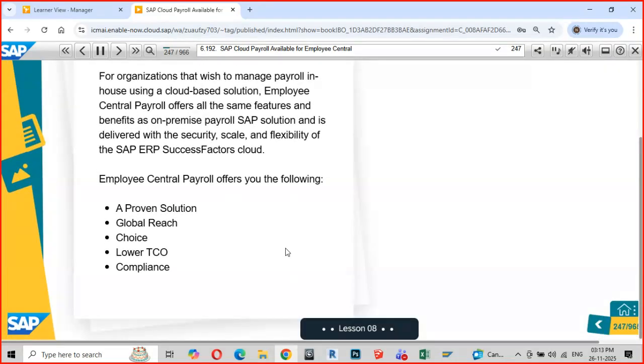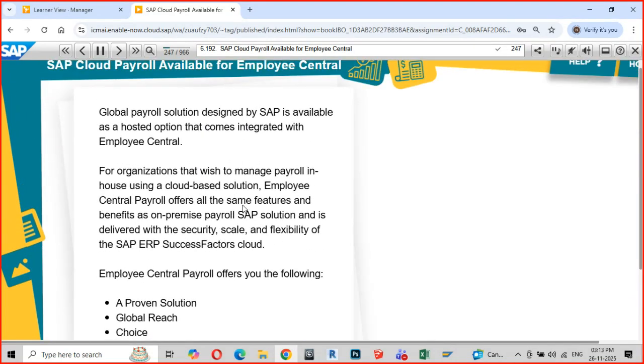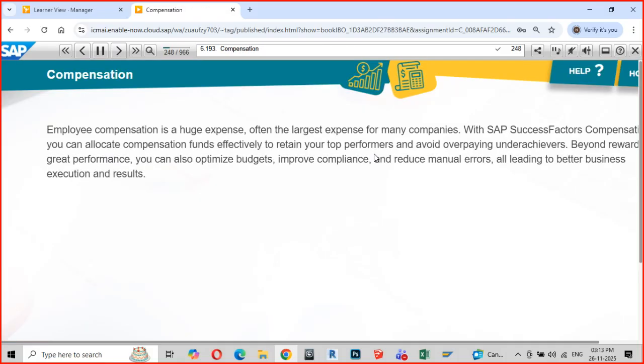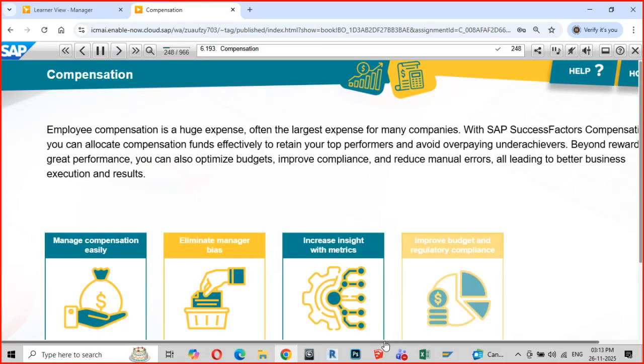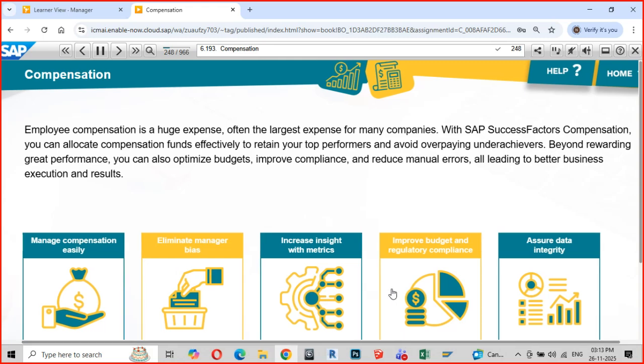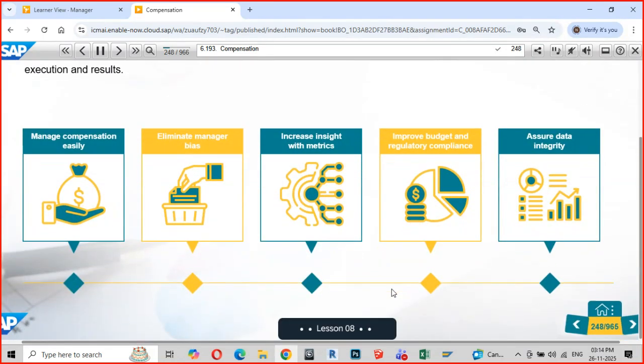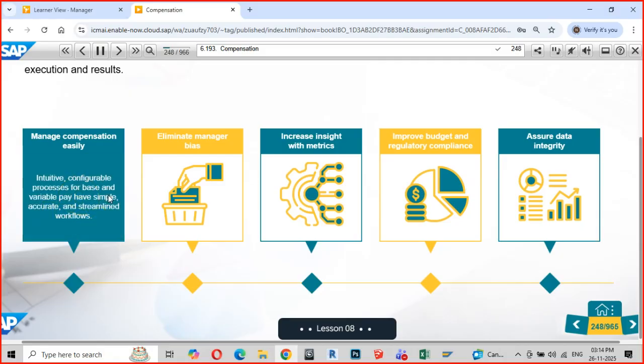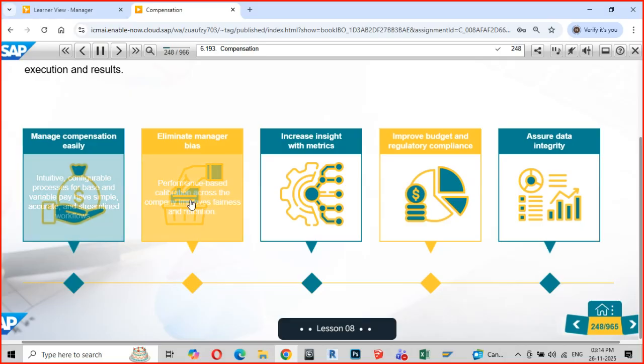One of the things where we actively integrate with the HR module, we in the sense the finance module. Clear? So you just click on each and everything and you will be getting the explanation for that.